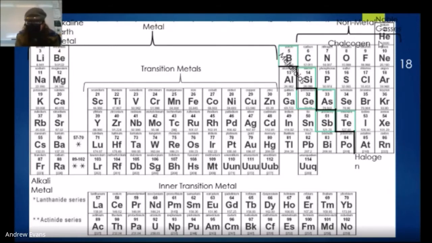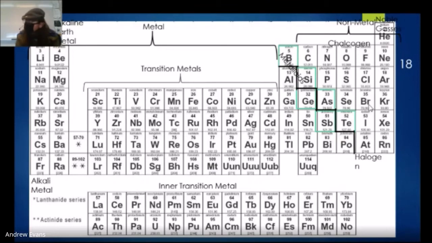Over in the far right, we have what are called the non-metals. Those are going to have completely different properties. You can name some of these, like the chalcogens. We don't typically use the term chalcogen anymore, but we do use the term halogen pretty often. Fluorine, chlorine, bromine, and iodine are halogens. When we talk about halogenated solvents, we're talking about solvents that contain these.